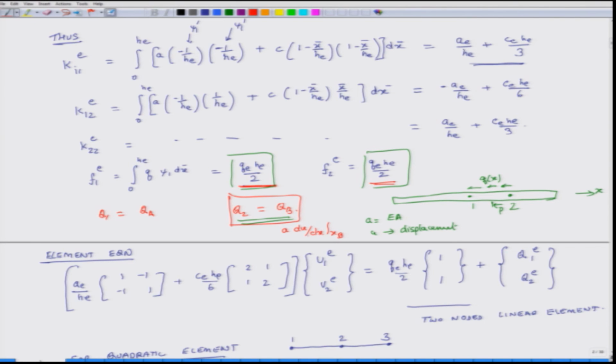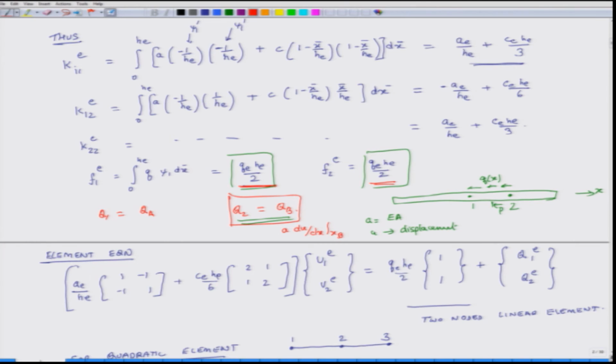Now if u is displacement, then du over dx is strain, and when you multiply that strain by E, because A is E times A, E times strain is stress, and that times A is the force.